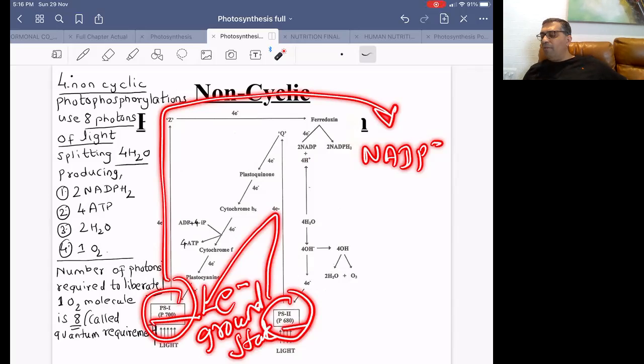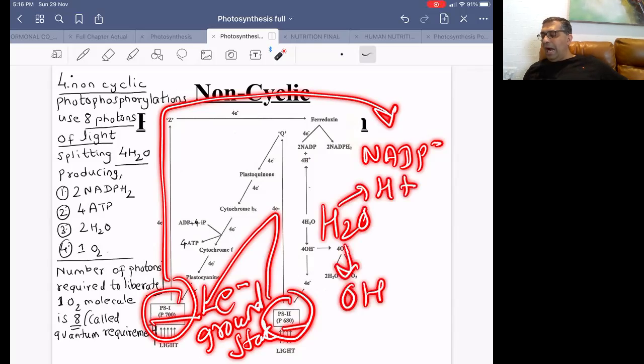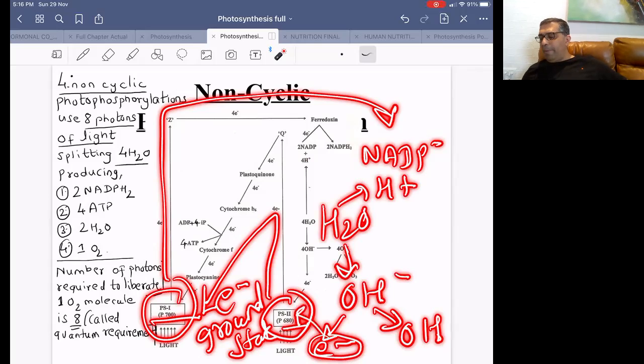So, water will split. H2O will split to form H plus and OH minus. And OH minus will give away electron and become OH. And electron will go to PS2 and bring back PS2 to a ground state.